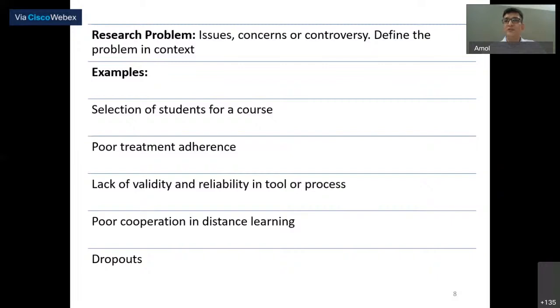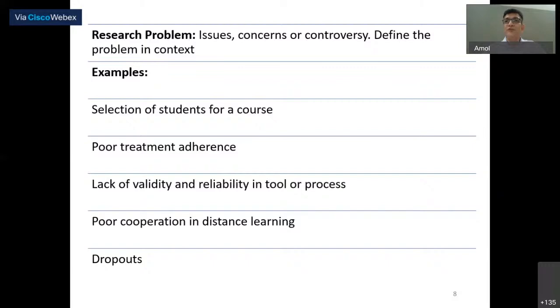And you will have to define this problem in the given context. For example, selection of student for a course. How will you select students for a course that you want to start and you have specific outcomes in mind for that course? So you will have a question, what kind of students do I need to achieve those outcomes, to fulfill those job profiles?